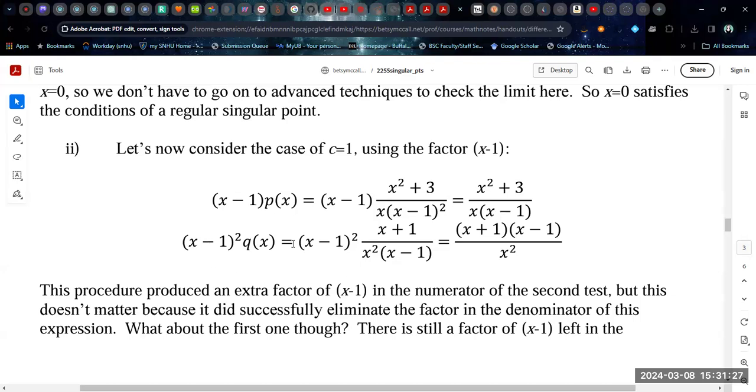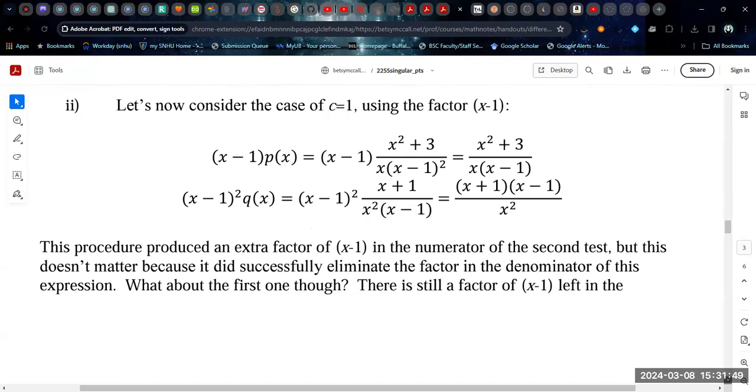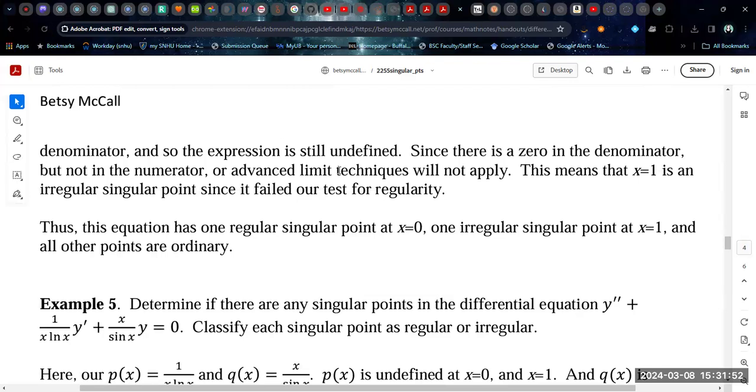Now, if I multiply q by (x - 1) squared, that x - 1 in the denominator cancels. I can now substitute the limit as x goes to 1, and I will get 0, which is fine. But this p is not giving me a limit, and therefore this x equals 1 case is still an irregular singular point because it failed our test for regularity. So x equals 0 is regular, x equals 1 is irregular, and all other points are ordinary.